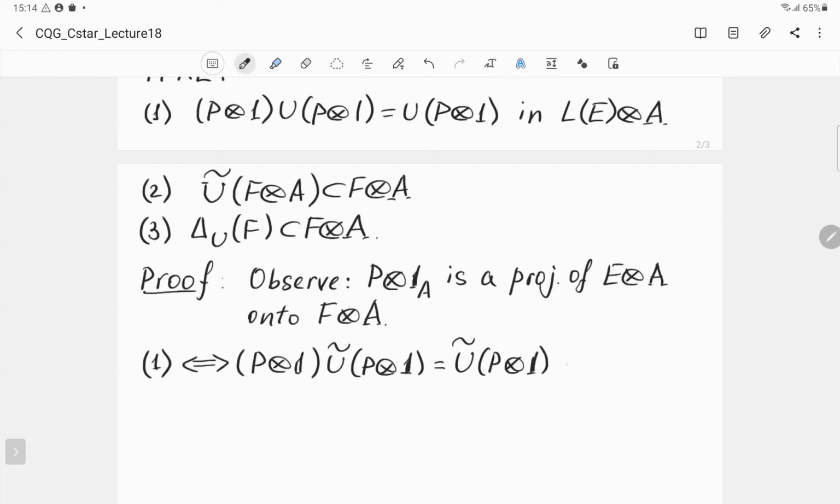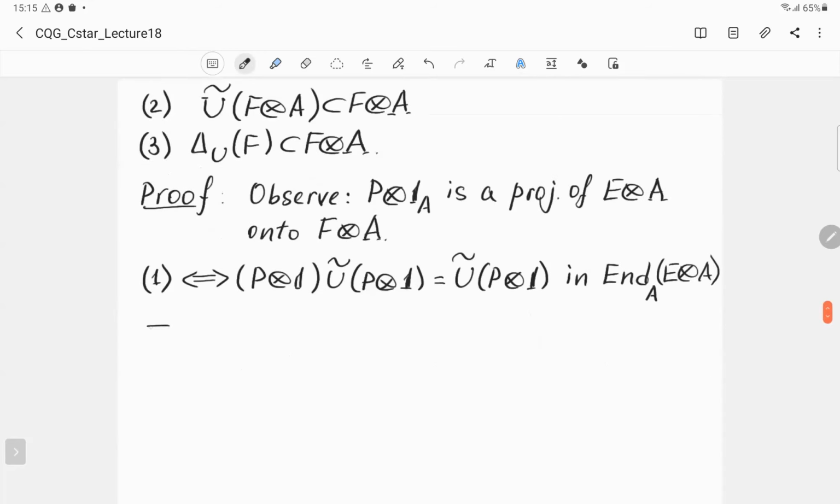And this is an equality in the algebra of endomorphisms of the free module E tensor A. Okay, now since P tensor 1 is the projection onto F tensor A, this equality means that these two operators, P tensor 1 U tilde and U tilde, coincide on the image of P tensor 1. But the image of P tensor 1 is F tensor A.